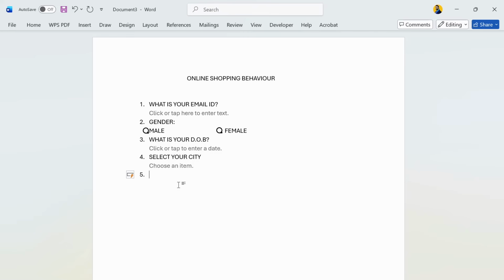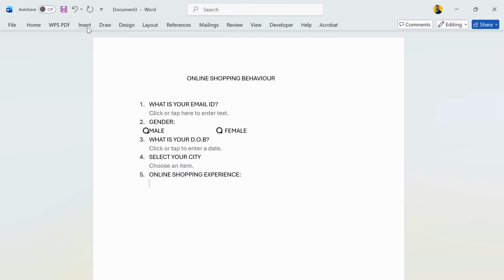We can ask them to rate their online shopping experience. Now for this, I just want to give the option of a Likert scale. So for this, try to understand how we have to create. And this fifth question is the most important one. You have to give a demo of a Likert scale question.